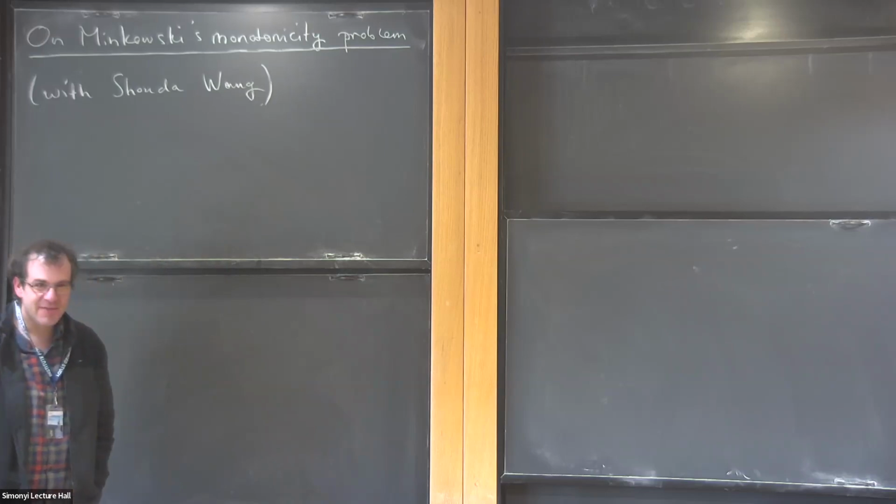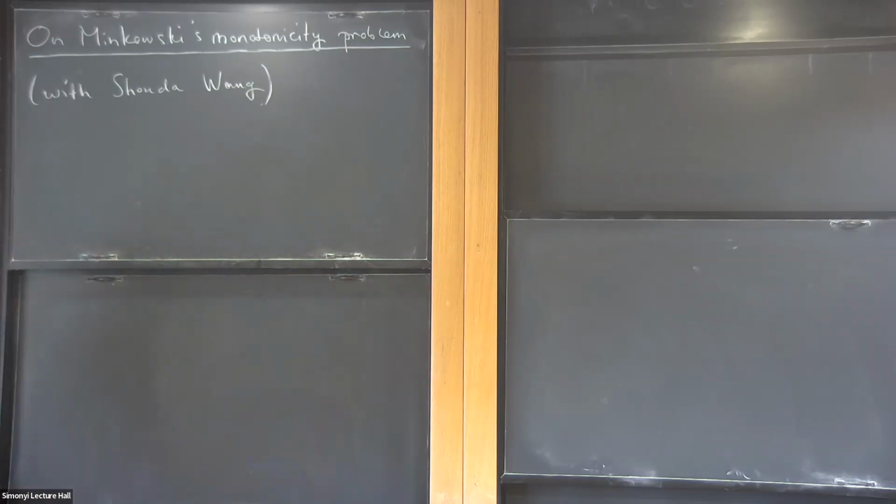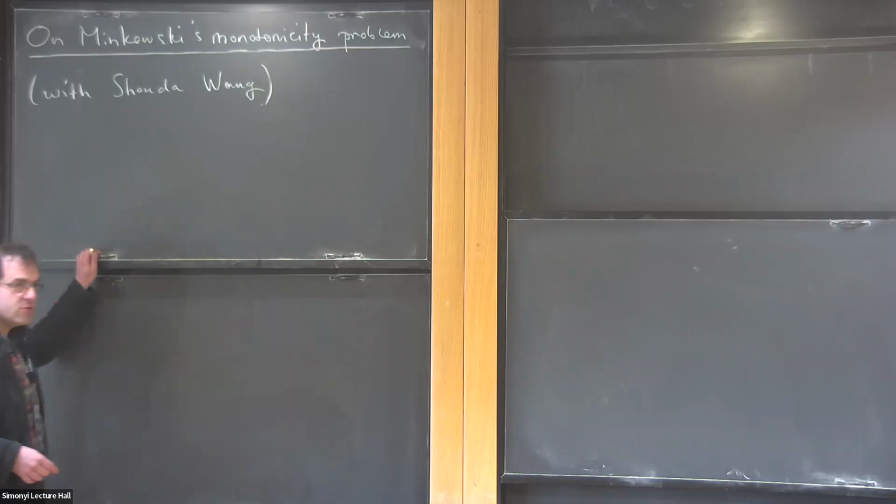A couple of weeks ago, I gave a member colloquium about an old question of Minkowski on convex geometry, and this dates back to a 1903 paper of Minkowski. And today I want to talk about a different open problem that comes from the same paper of Minkowski that also remains open. This is a question in convex geometry, and it's really a question in geometric analysis.